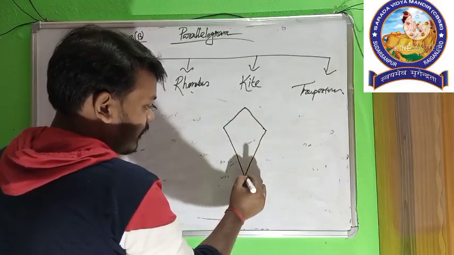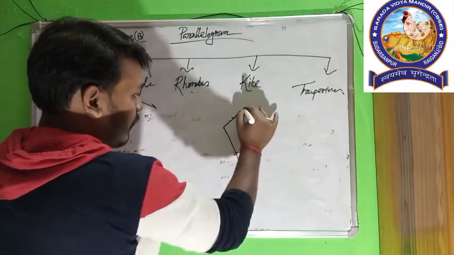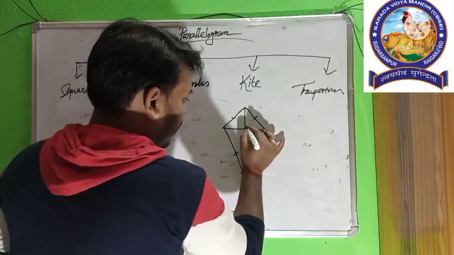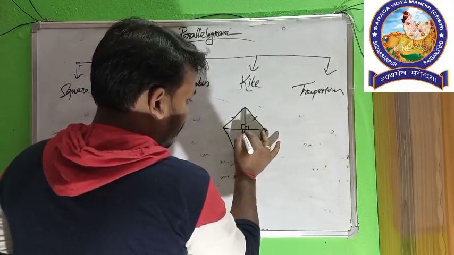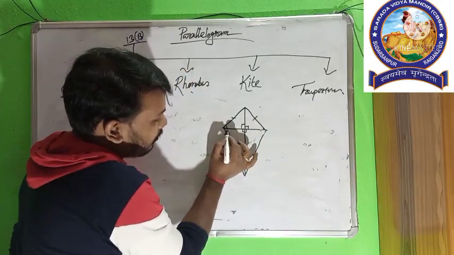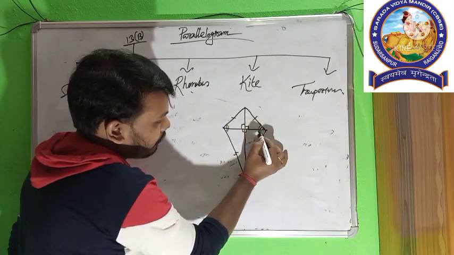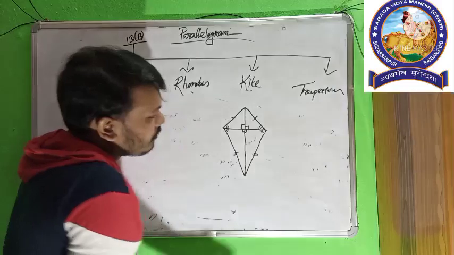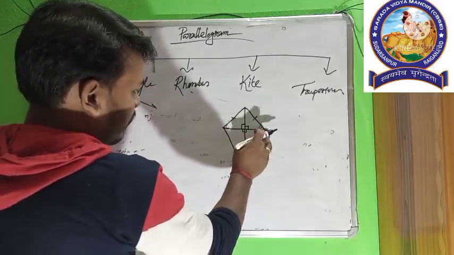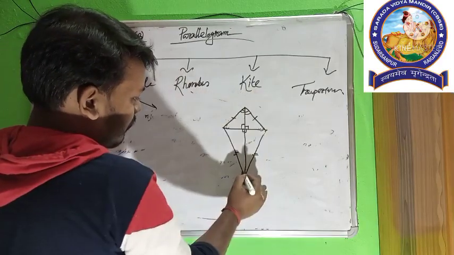That means this value and this value are equal, and this value and this value are equal. In a kite, the diagonals bisect at 90 degrees, so these are the 90 degree angles. And the diagonal also bisects the vertex angle. Not this one, this may not be equal. This value and this value are equal.